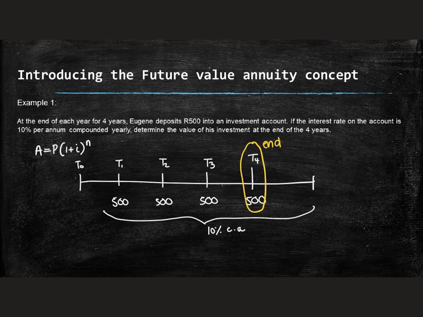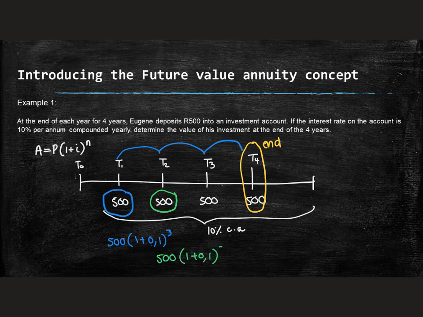So if you were going to move your money through time, the first 500 Rand, which I'm going to try and make blue, this 500 Rand, would have to grow at 3 compoundings of your 10%, because it has to go 1, 2, 3 places. Your second one would have to grow at 2 compoundings, and it's going to go 1, 2.